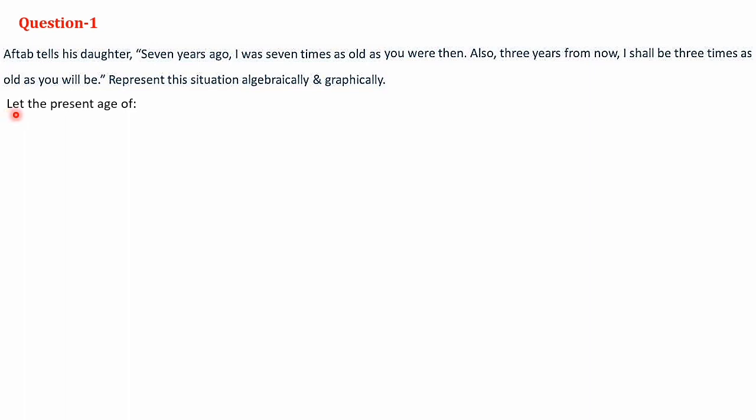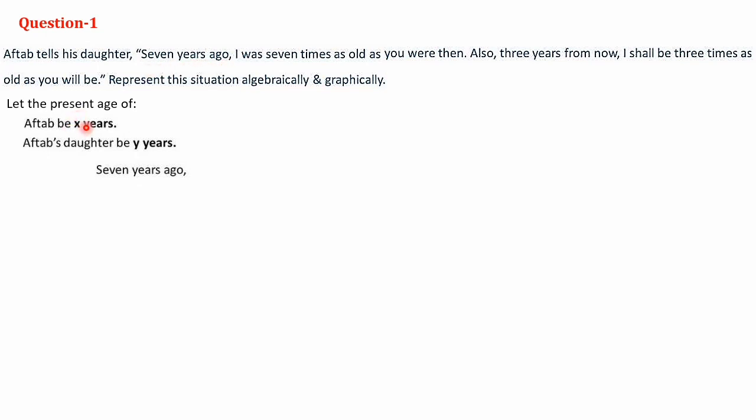Here, let's assume the present age of Aftab is x years and the present age of his daughter is y years. We have taken Aftab's present age as x and his daughter's present age as y years. 7 years ago means before 7 years.